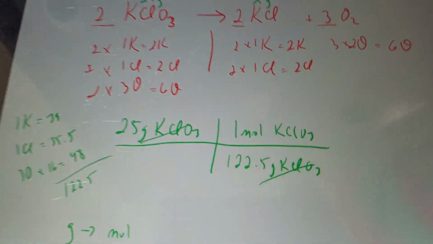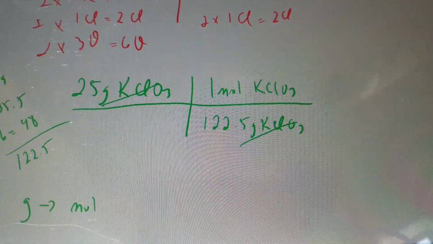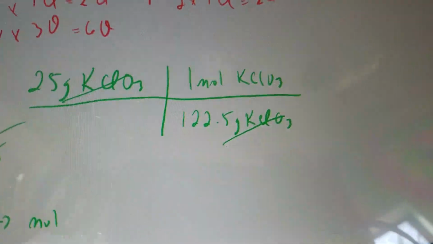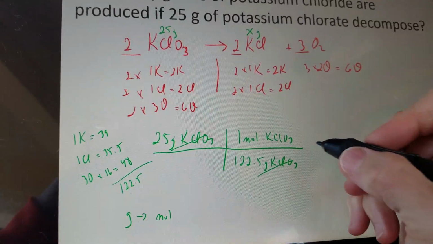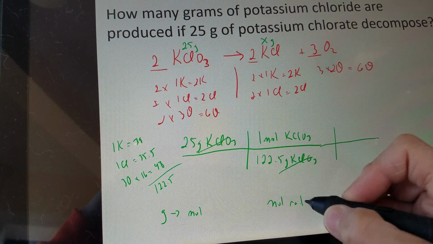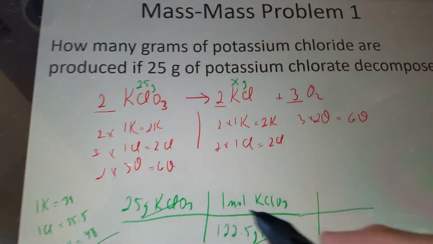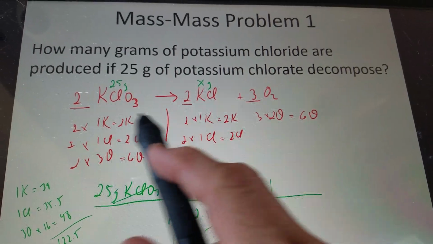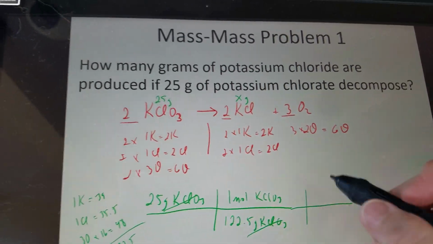So basically what we did in the first step is convert our grams to moles. So take whatever you start with and get it into moles. The next thing we want to do is our mole ratio. What our mole ratio does is it allows us to go from the moles of what we started with to the moles of what we're looking for. So we have 2 moles of potassium chlorate.